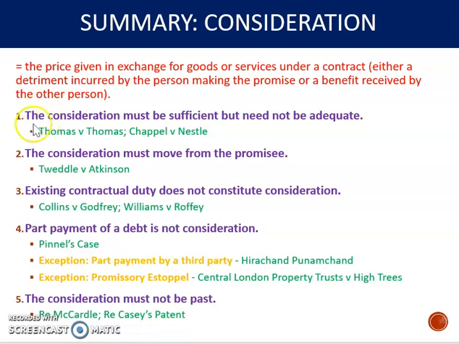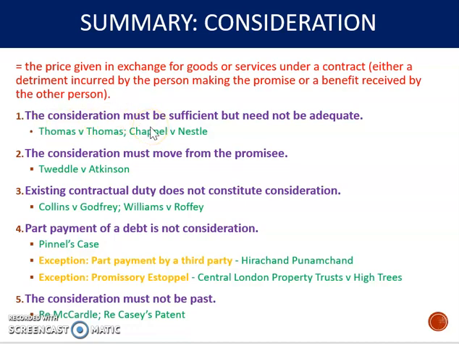If you remember the first rule, consideration must be sufficient but need not be adequate. This means that there's no requirement that the consideration must be market value, just providing something of value is given. So you could, in theory, give £1 in exchange for a house, and that would be valid. And that's because the courts are not concerned with whether the parties have made a good or a bad bargain.